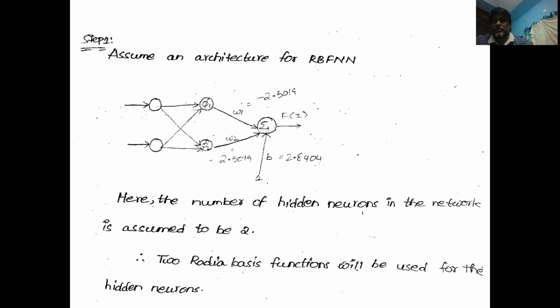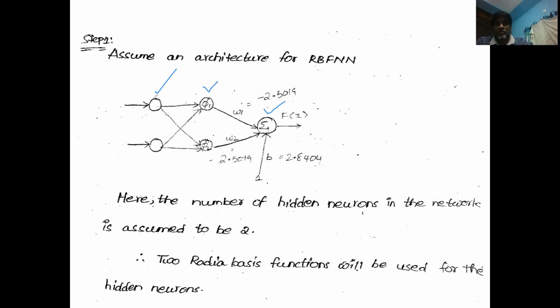The first thing we need to do is assume an architecture for the RBF neural network, and the rule is it should contain three layers: one input layer, one hidden layer, and one output layer with a single neuron.